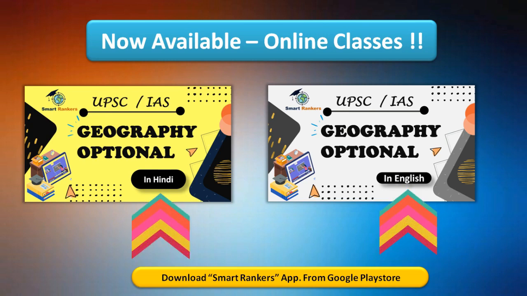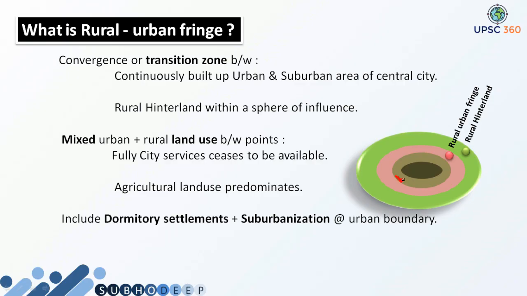Earlier we read that full city services are available up to the suburban region only. But in the fringe area the full services cease to apply; you won't get all the services which you were getting in suburban areas, but a few services are available here. And agriculture land use predominates.